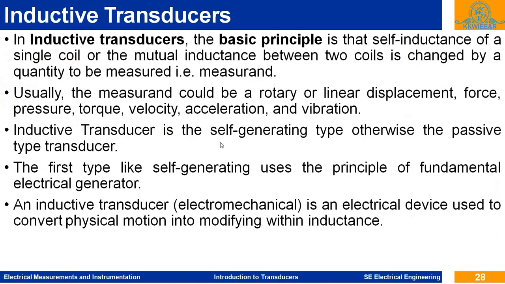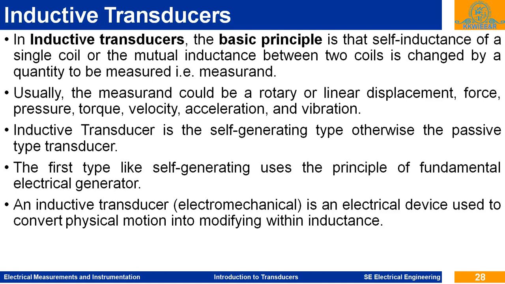Next are the inductive transducers. In inductive transducers, the basic principle is that the self-inductance of a single coil, or the mutual inductance between two coils, is changed by the quantity to be measured. If there is a single coil, that is called self-inductance.